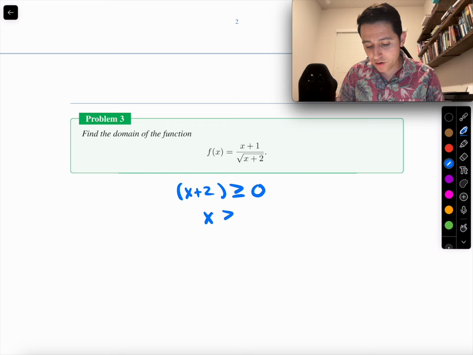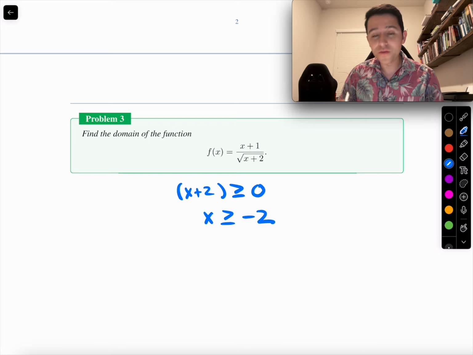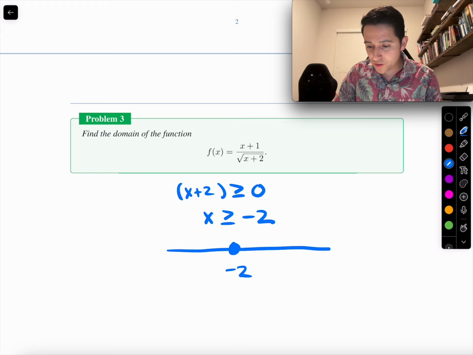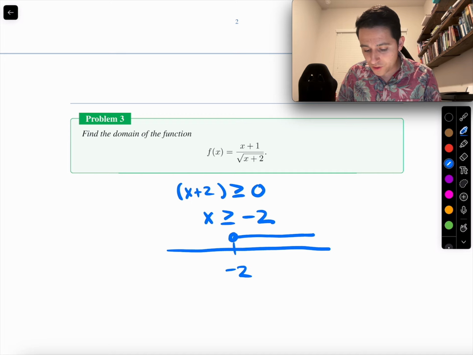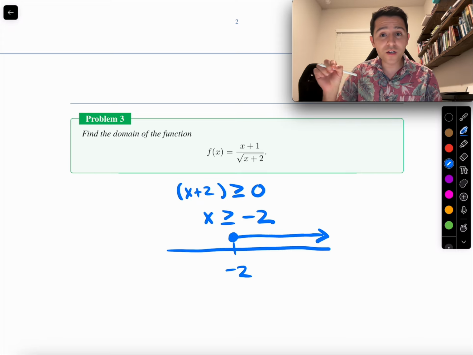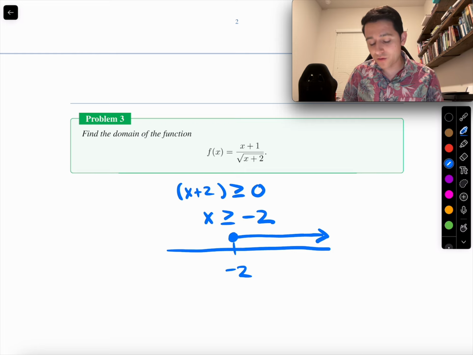X is greater than or equal to -2. This is where we're going to start. Let's draw a number line. Here is -2, and I'll put the dot right above it. We include all the numbers that are greater than -2, including -2. These are the numbers that work with the even root.